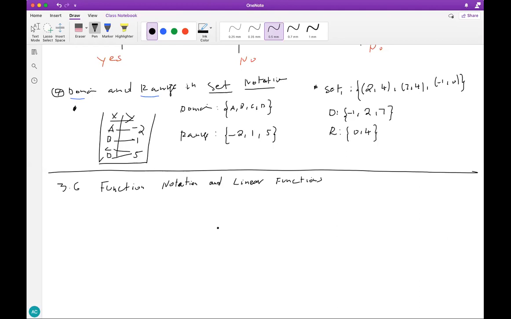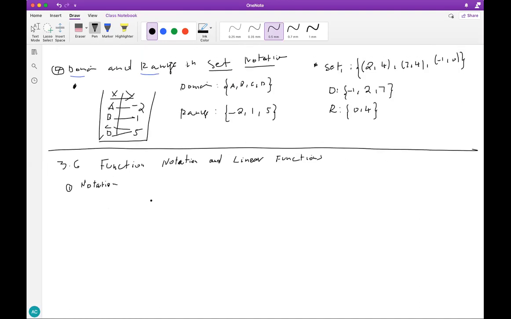Okay, so let's call that the notation of a function. Usually we refer to a function as f of x, function, parentheses, x inside the parentheses.